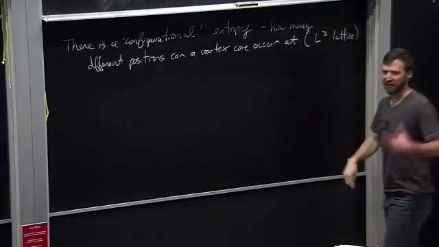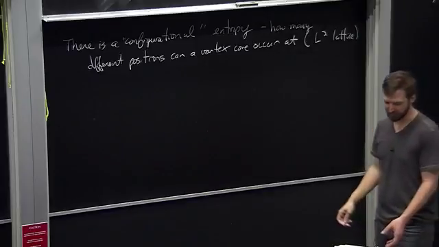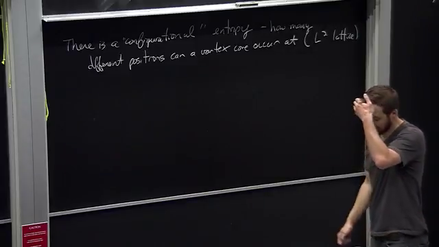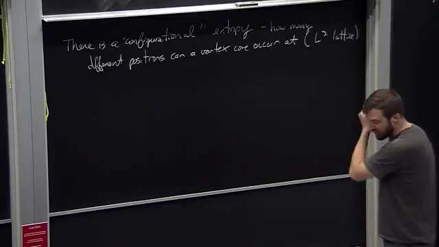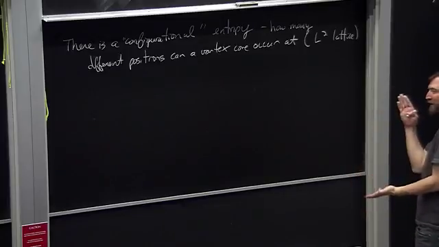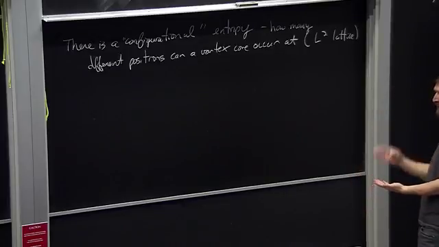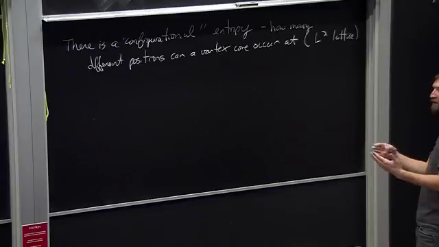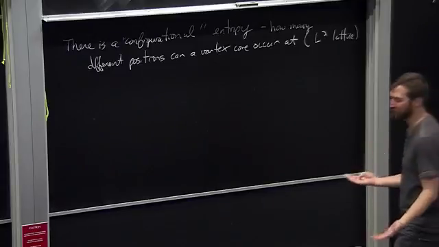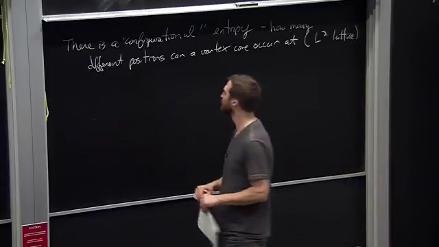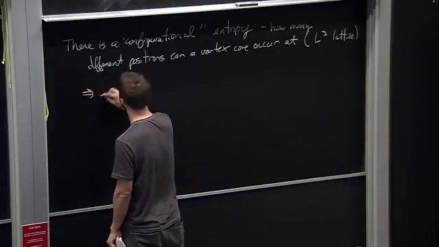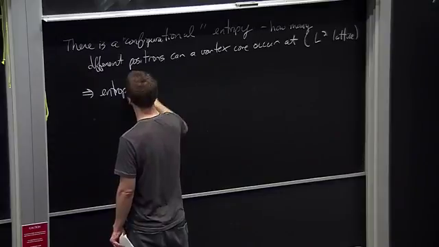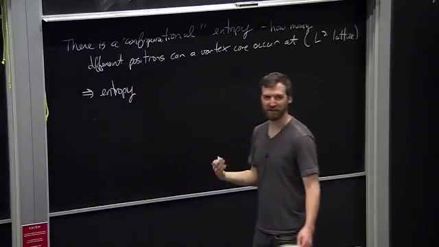Imagine I have an L squared lattice. It's square, it's L times L, it's 2-dimensional. That's just basically L over A, where L is measured in units of A, so it's just L over A squared. The entropy is the log of the number of accessible microstates.